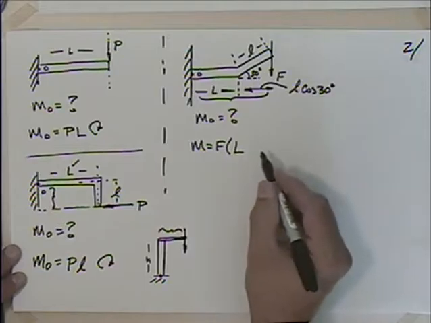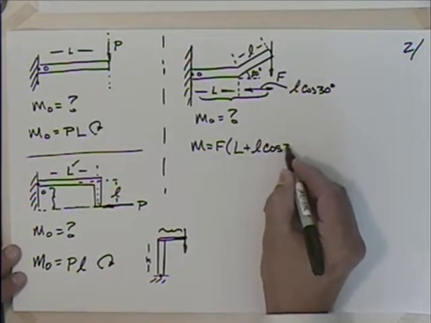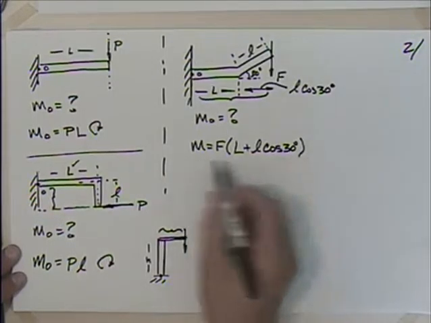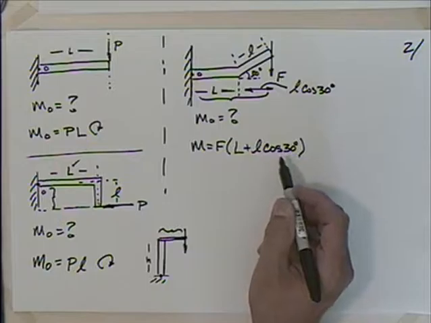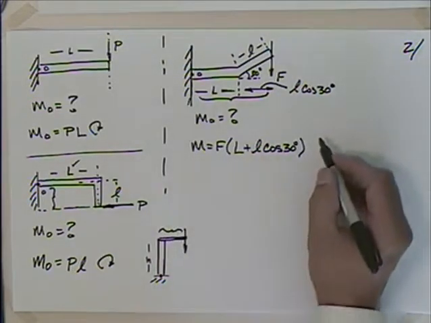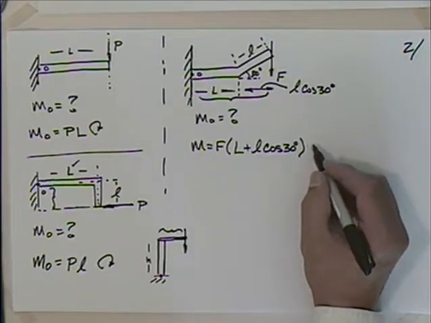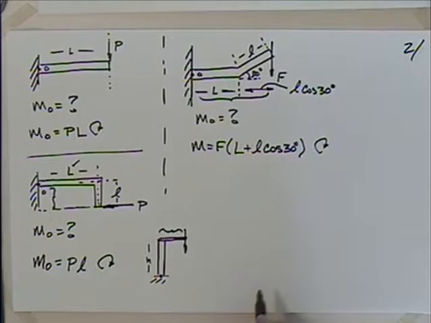That's why we studied right triangle trig. So we've got plus L cosine of 30. So force times distance, the distance being lowercase l plus uppercase L cosine 30. What direction do we have? Again, if they're asking for the moment, we'd like the direction. It's clockwise, I believe. If you pin that there, it's going to tend to rotate clockwise.